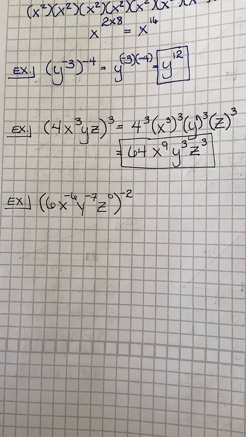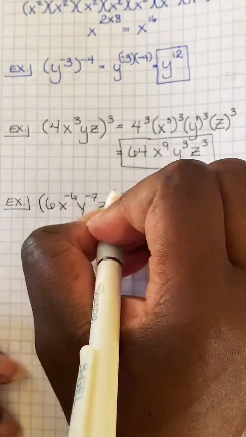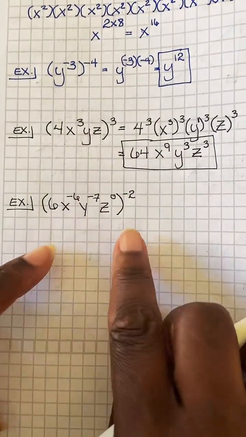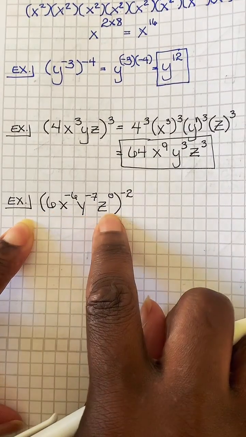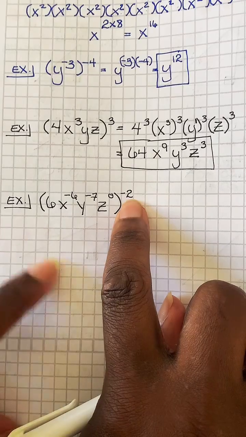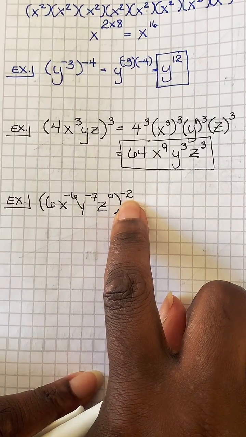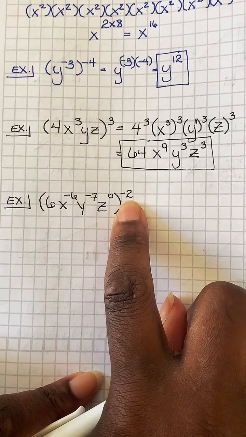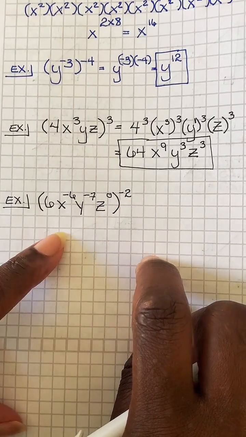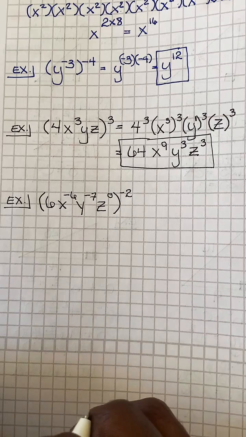Now, first things first. I'm the realist. No, I'm just kidding. Inside this parenthesis, I'm noticing that everything inside the parenthesis is being raised to a negative 2, right? A negative exponent. So we could do one of two things.